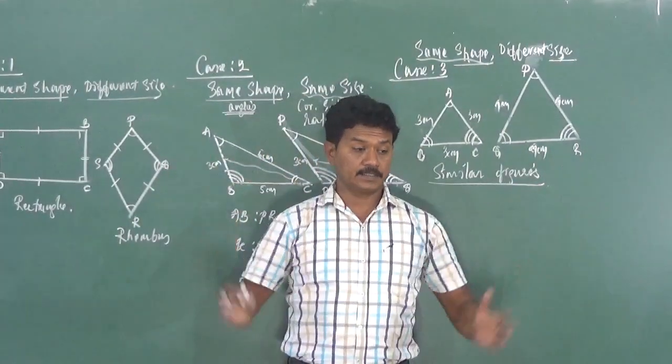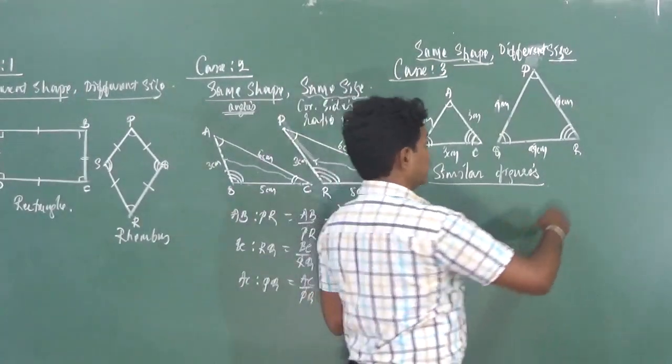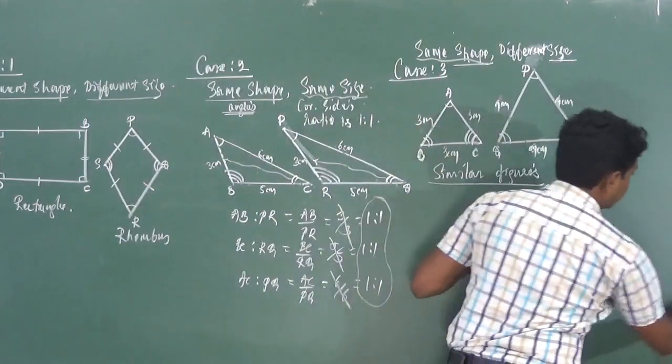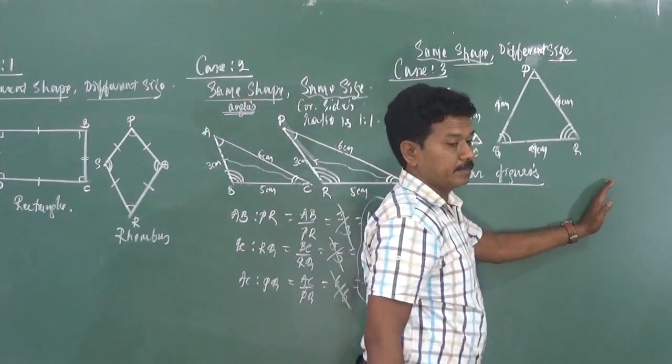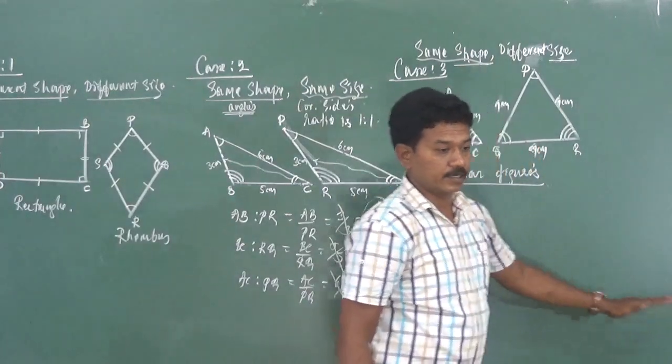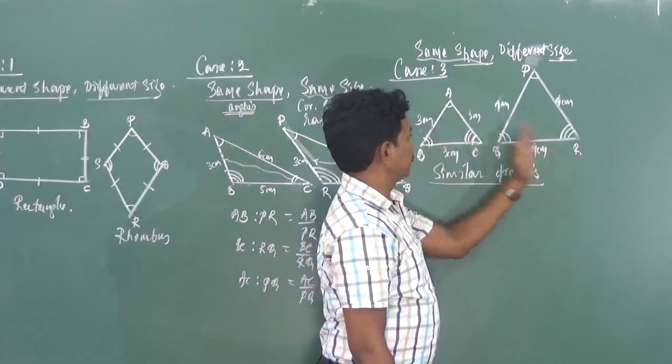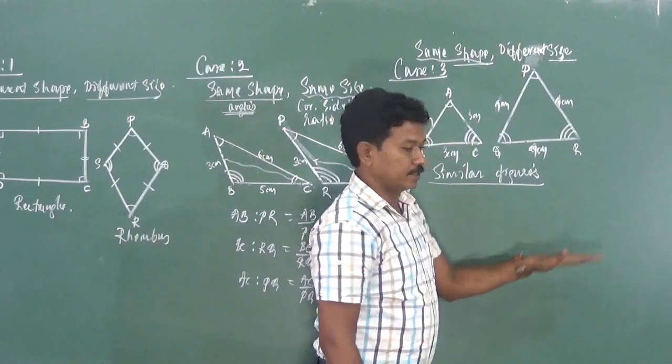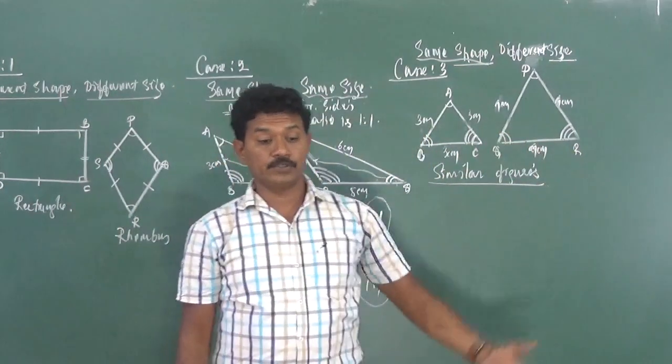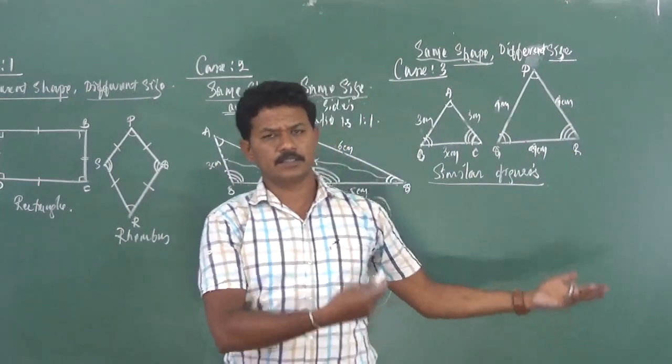For example, I can take a very big triangle with 300, 300 and 300 centimeters. Take the ratio 3 is to 100, 3 is to 100 and 3 is to 100. So that becomes a 1:100 ratio. Still, they are similar.